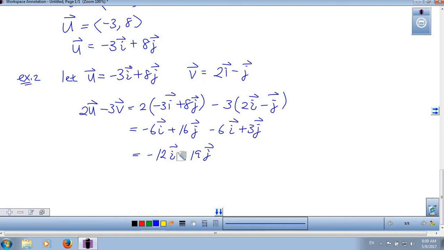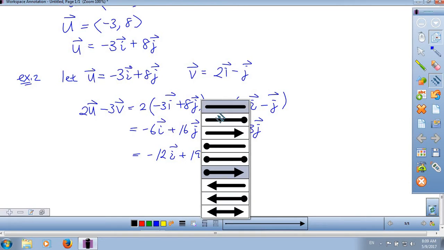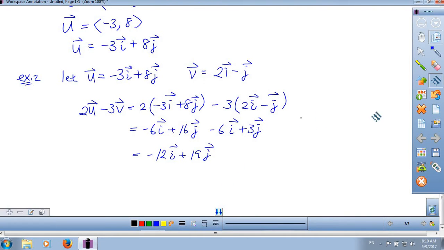And we can know what this vector looks like very simply, if we want to draw it. Let me go ahead and draw this for you and show you what this would actually look like. All we have to do is go -12 in the i direction, and positive 19 in the j direction, and then draw a vector from here to here.